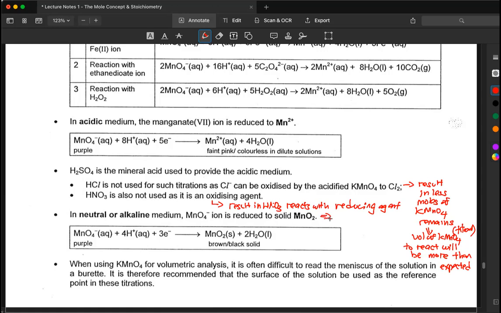So it will result in less KMnO4 being needed, a lower volume of KMnO4 recorded than expected.